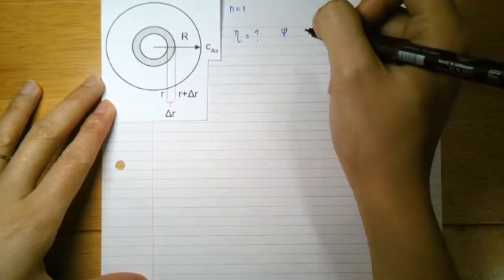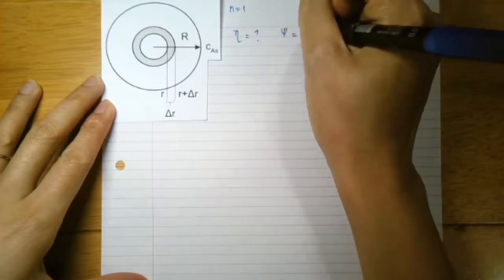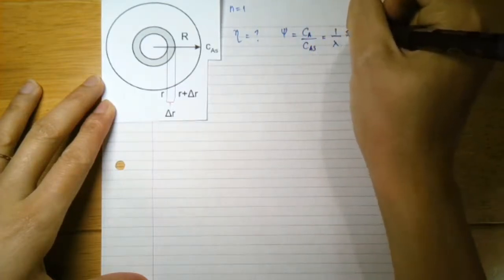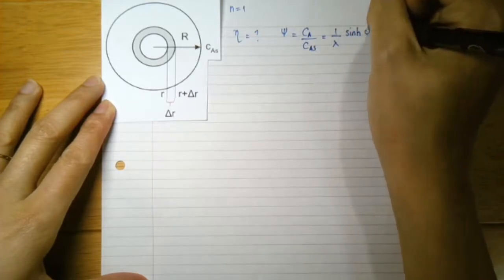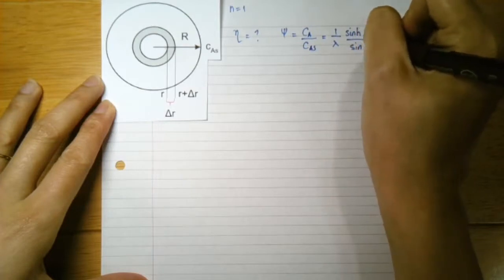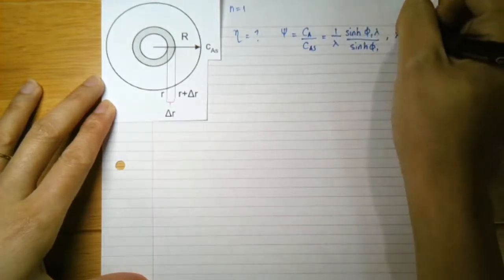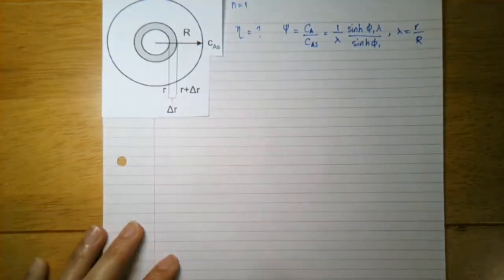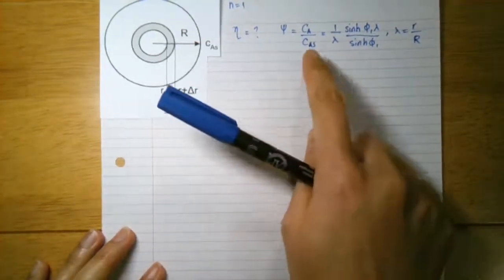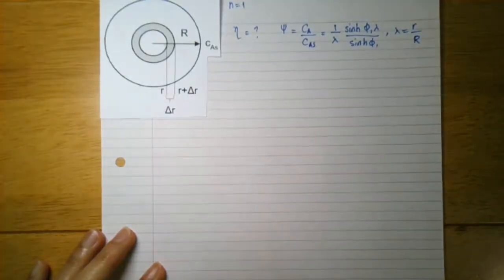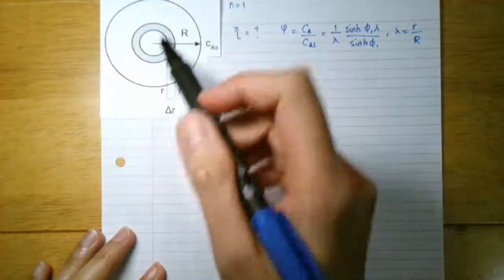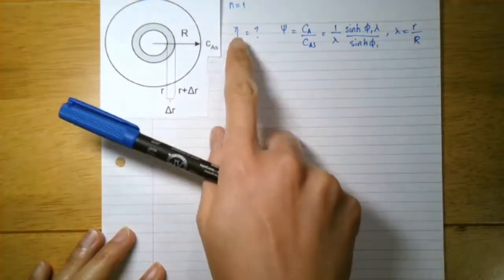So we found that psi, or the dimensionless concentration, which is equal to Ca over Cas, is equal to 1 over lambda times sinh(phi 1 lambda) divided by sinh(phi 1), where lambda is equal to r over R. Okay, so using our concentration profile, we can write an expression for the reaction rate at every point in R. And then from there, we can write the expression for the total rate for the whole pellet, and then use the definition of the effectiveness factor.